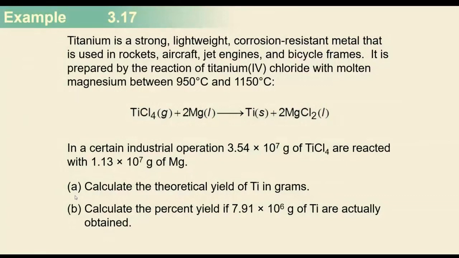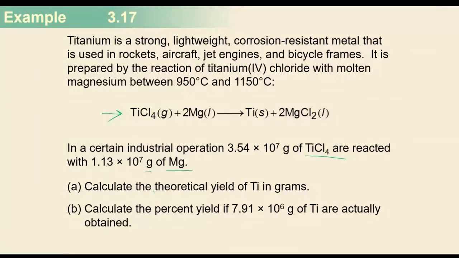Here is a question. Titanium is a strong, lightweight, corrosion resistant metal that is used in rockets, aircraft, jet engines, and bicycle frames. It is prepared by the reaction. We have a reaction. What is the question? In a certain industrial operation, 3.54 × 10^7 grams of titanium chloride are reacted with 1.13 × 10^7 grams of magnesium.